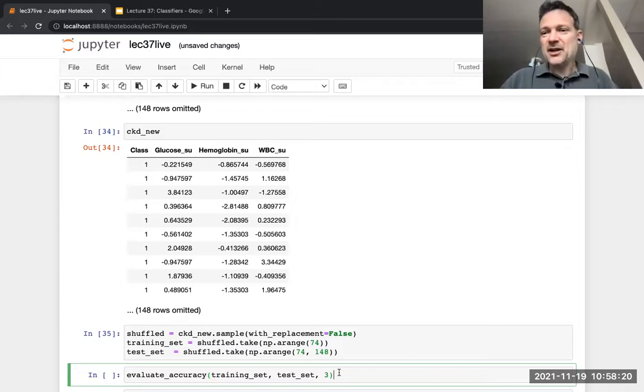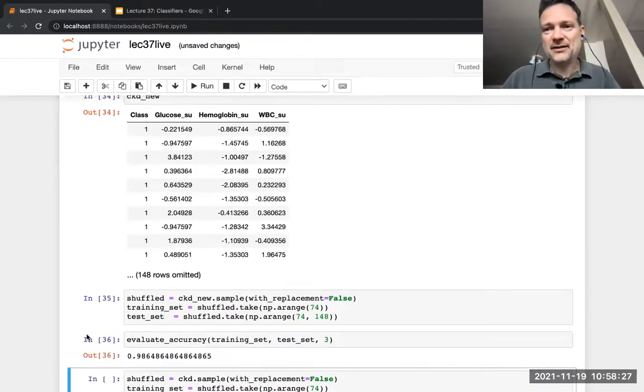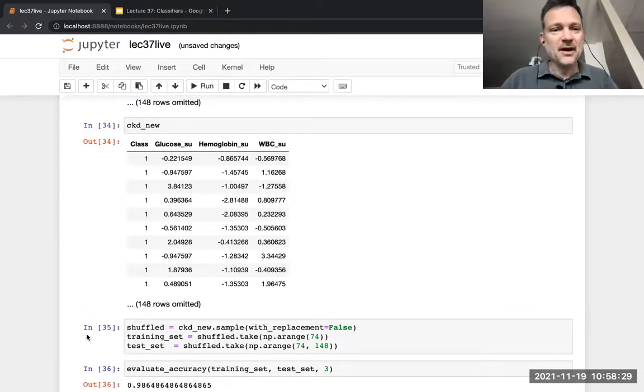And I'm going to evaluate how accurate the classifier is if I use the standardized data set, in standard units. And you can see here that using all of these attributes, the nearest neighbor classifier with the standard units data set is able to get over 98% accurate. So that's really good.